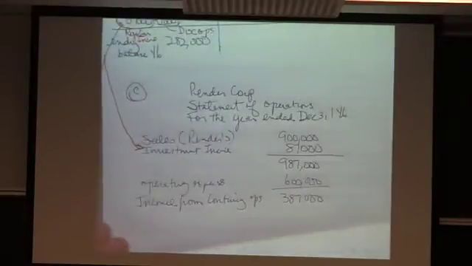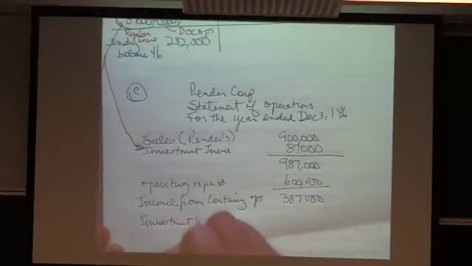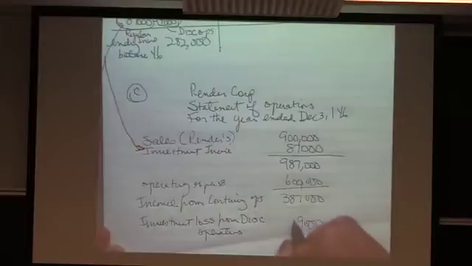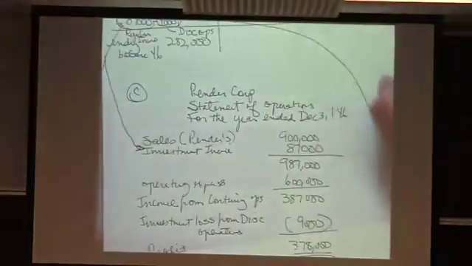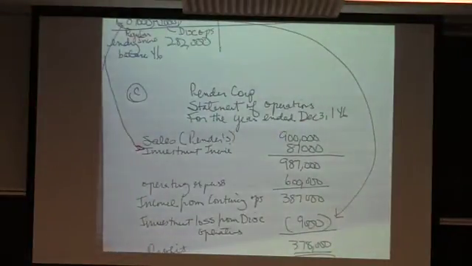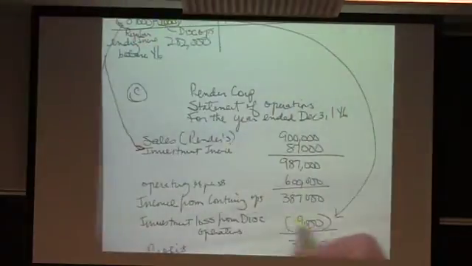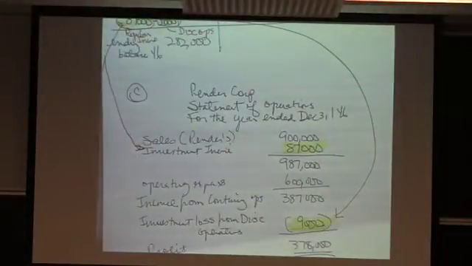Now, we're going to subtract investment loss from discontinued operations of 9,000 to give us our profit. And that discontinued loss is this number here. There is a requirement to segregate that discontinued loss of 9,000 separately from the 87,000. And that's the equity method of accounting.